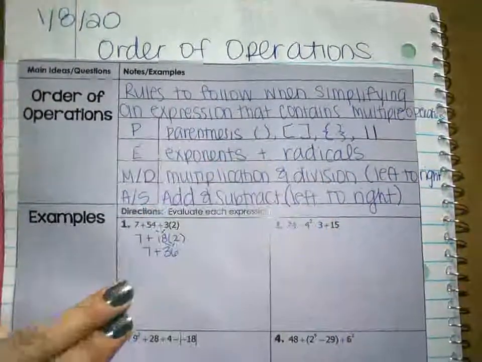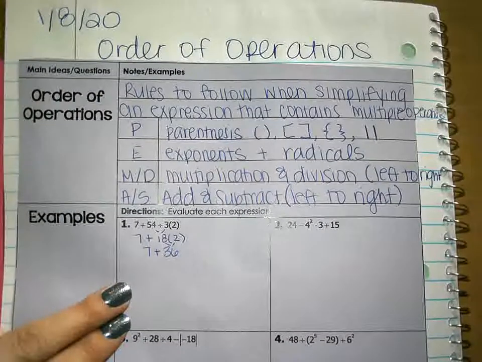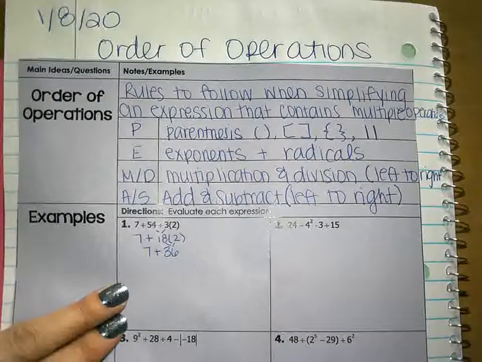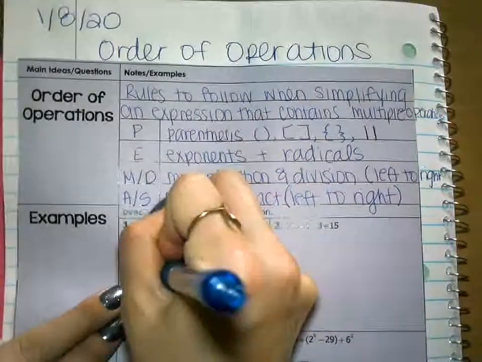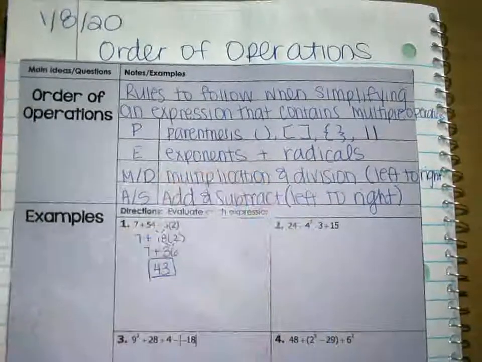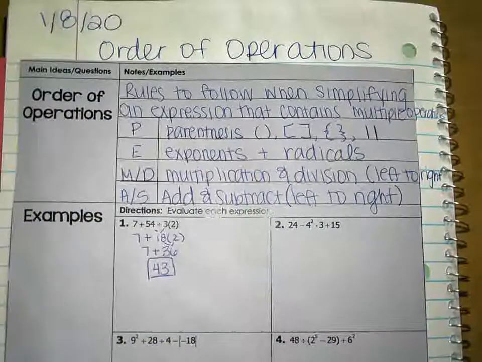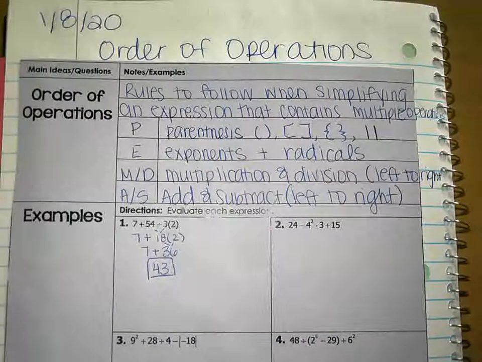Write my 36 because that's what 18 times 2 is. And my last and final step is to do what? Add. And 36 plus 7 is? And I would box in my answer as 43. Do not ever do 2 problems at one time. Every line, every step, everything needs to be shown.